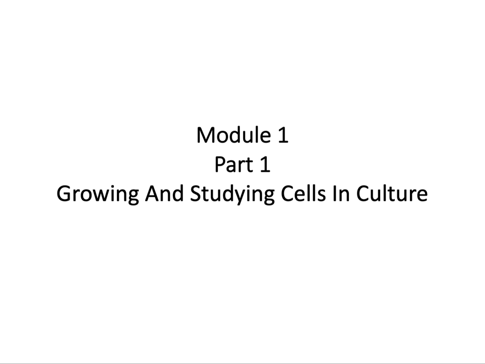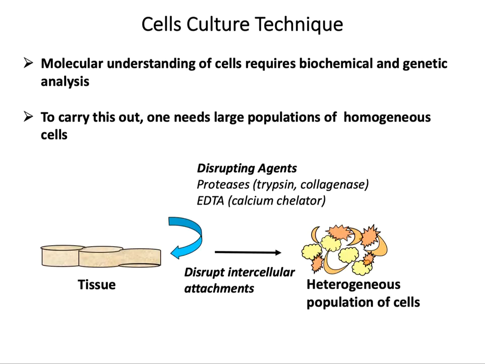First, we are going to talk about how we can grow cells in the laboratory. Why do you want to grow cells in culture? To have a molecular, biochemical, and genetic understanding of cells requires a large population of cells that are homogeneous. One way to do this is to purify a large population of cells from tissues and then conduct biochemical studies and genetic analysis.